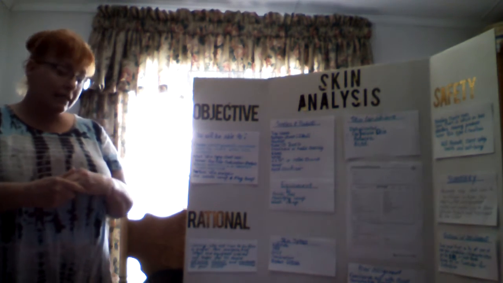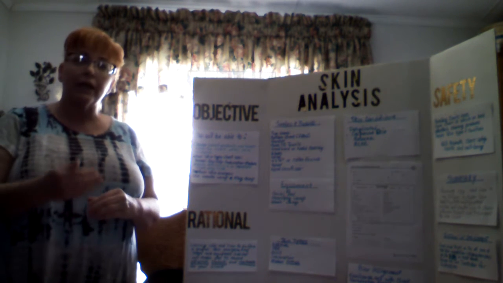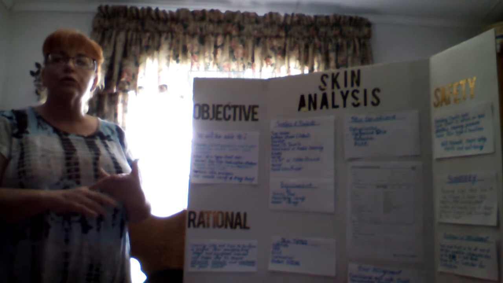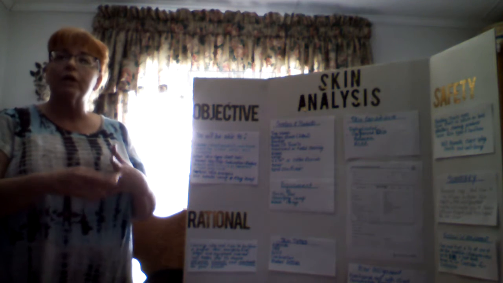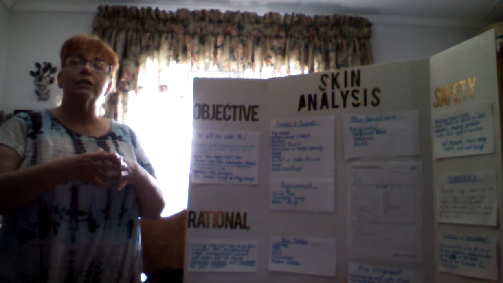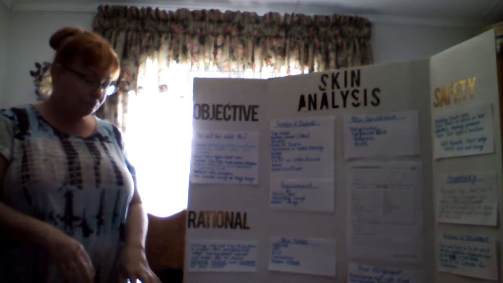Then we come to acneic skin. That is overactive sebaceous glands on the skin, which can cause pustules, open and closed comedones. And we have talked about all of these conditions prior to this lesson.